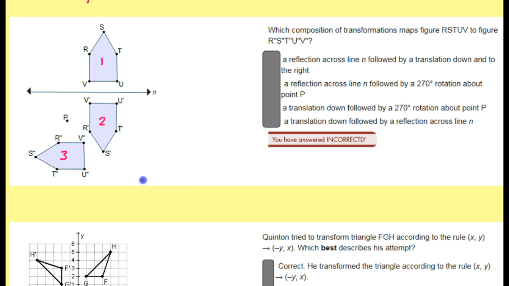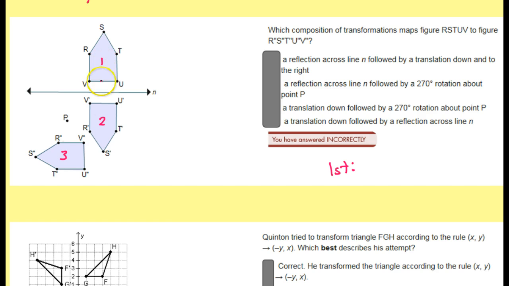So let's tell a little story. Let's say what happened first, and let's be careful to put that on the right hand side, because when you do two transformations, you're always supposed to put the first transformation on the right and the second transformation on the left.